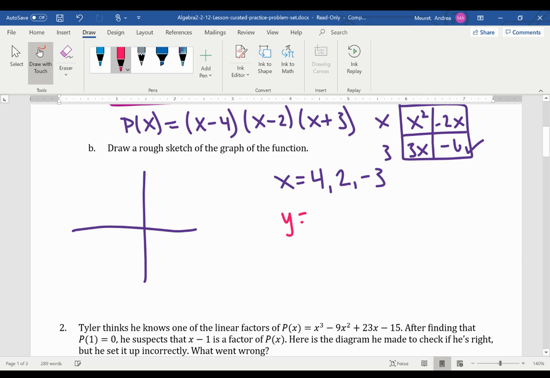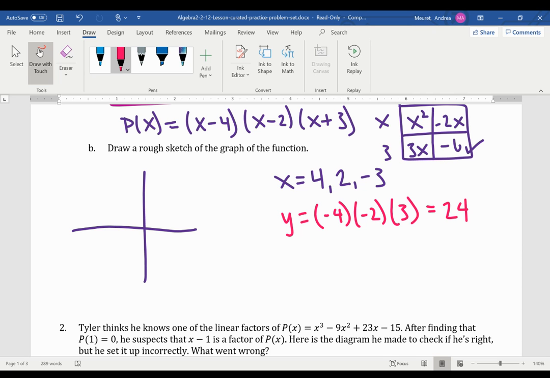So the y-intercept is 0 minus 4, which is negative 4, times 0 minus 2, times 0 plus 3. That's positive 24 altogether.